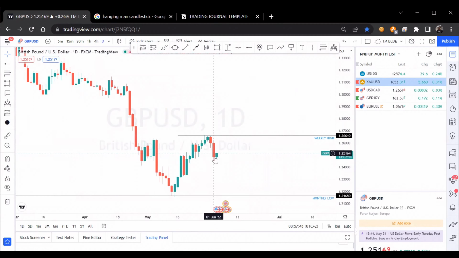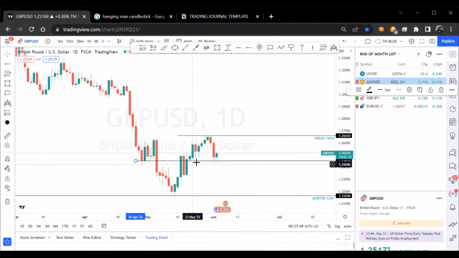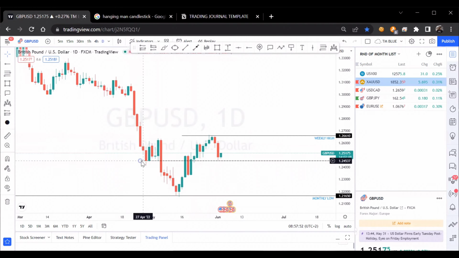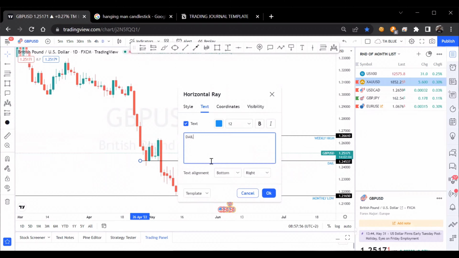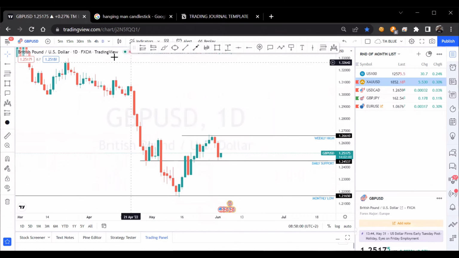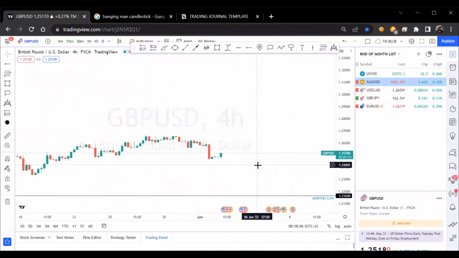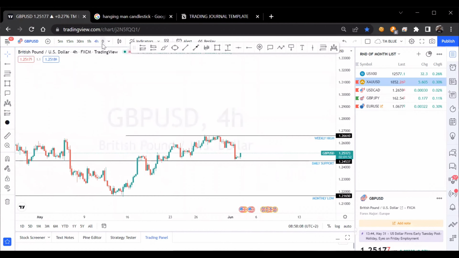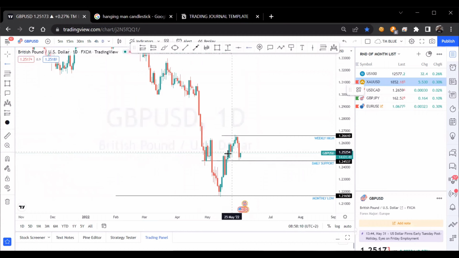Okay, so yesterday, let's do this first. Let's put that as the daily support. Obviously that's the daily high. We can also make that the daily high. And then when we go into a 4-hour time frame, on a daily, I just also want to take note of one more thing, that yesterday we did close below that.